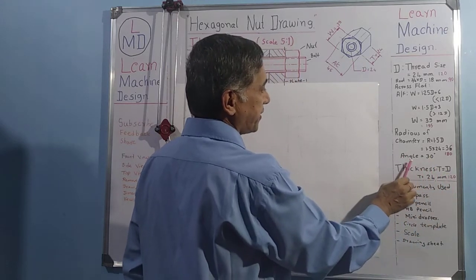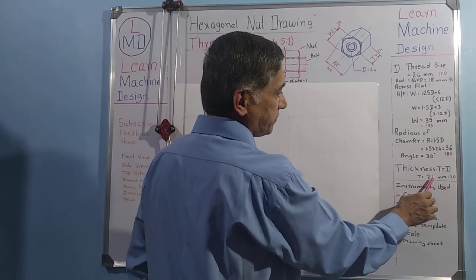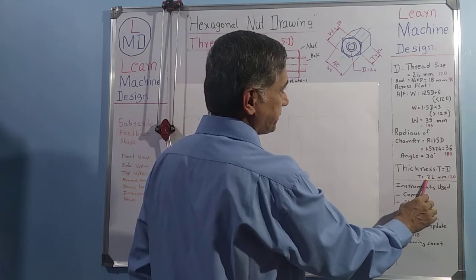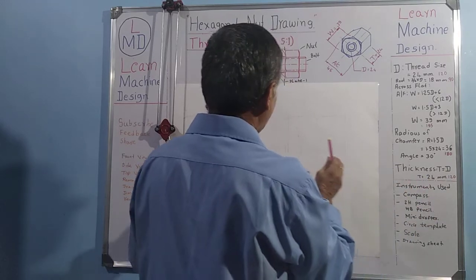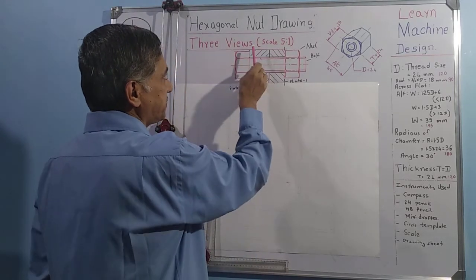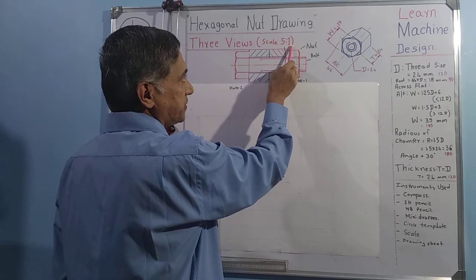The thickness of the nut is also one of the important parameters. Normally, the thickness is equal to the nut size, that is 24 mm. For this drawing, I have taken the drawing scale as 5:1.